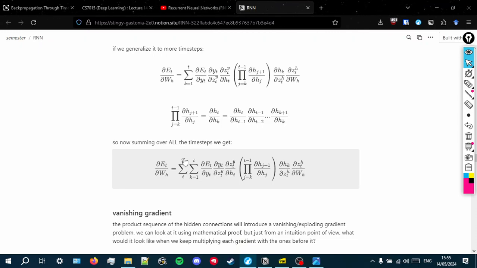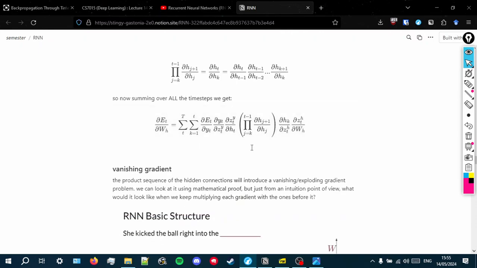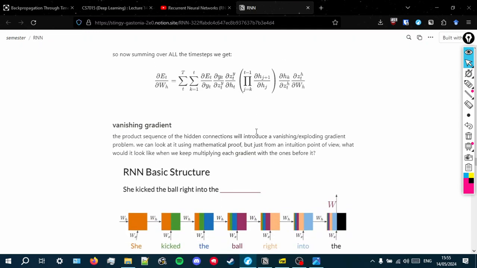But this product, while it seems kind of simplified, introduces a lot of issues. We can visualize it first and then go through it mathematically as a proof. This is the origin, or the reason, for the vanishing gradient and exploding gradient problem in RNNs in general.